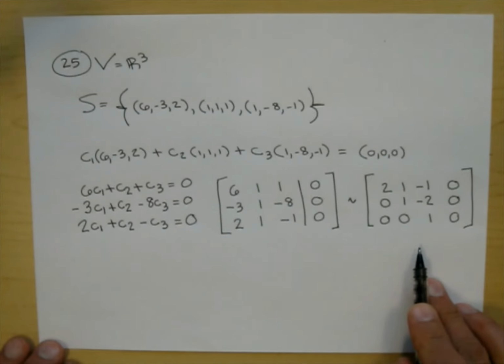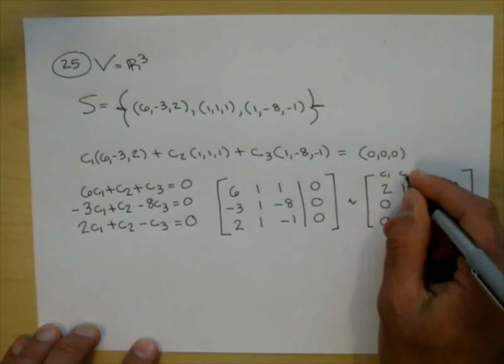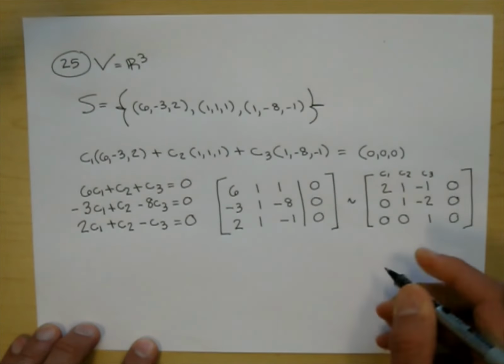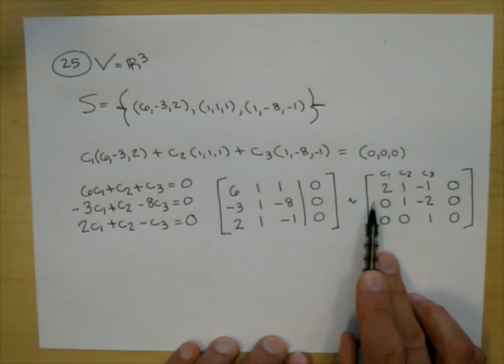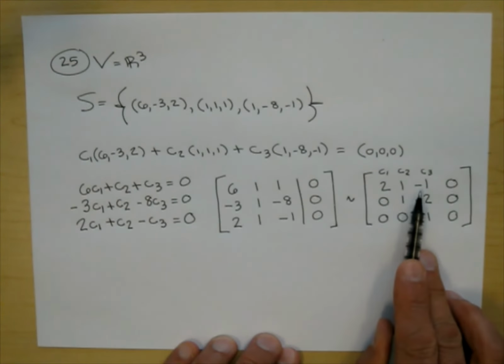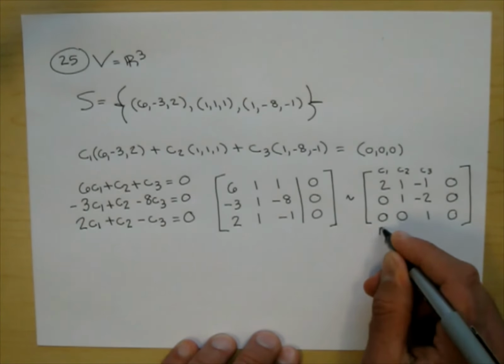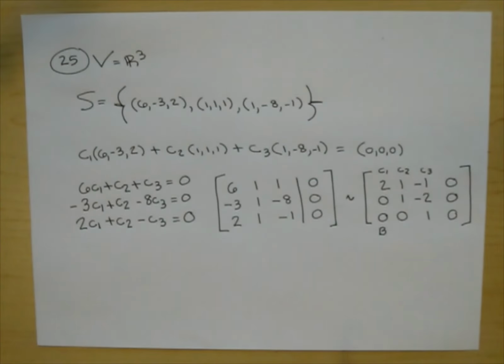Okay, so that's what I got there. And what does this tell me? Here's C1, here's C2, here's C3. I know this is not row echelon form. I should put a 1 there to put it in row echelon form, 1/2, -1/2. But I don't really need to do that. I'm just seeing that C1 is bound because there is a pivot.